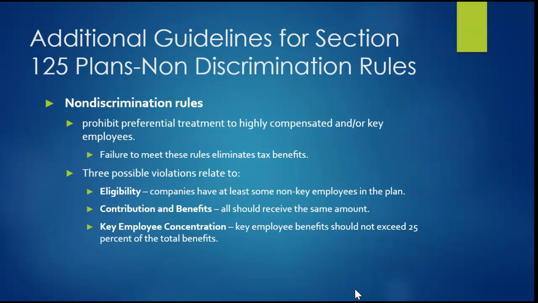Then there's the key employee concentration test. The plan's key employees' contributions can't exceed 25% of the total contributions into the plan. So again, this is a way to keep a disproportionate number of your lower paid employees from being able to access the Section 125 plans.